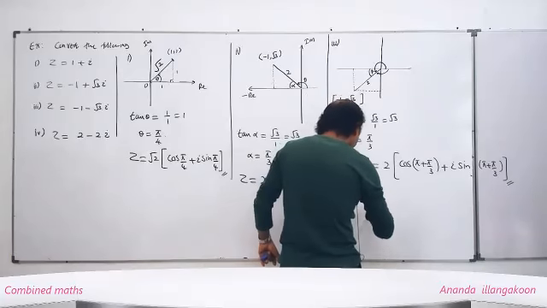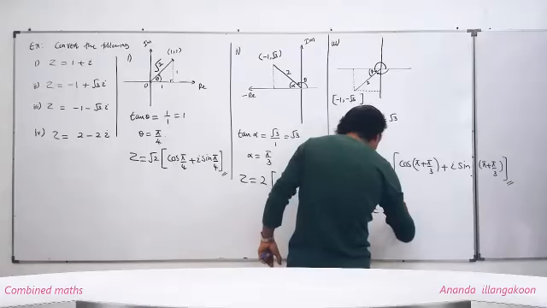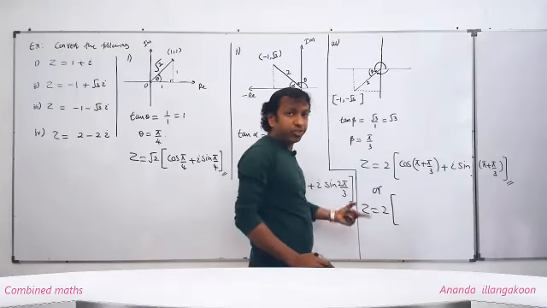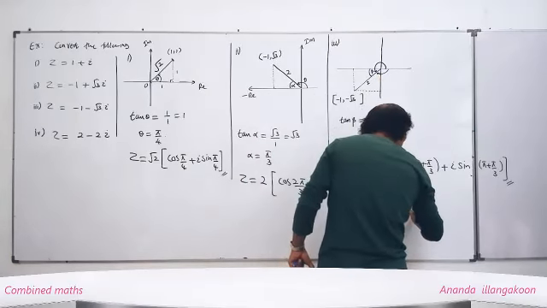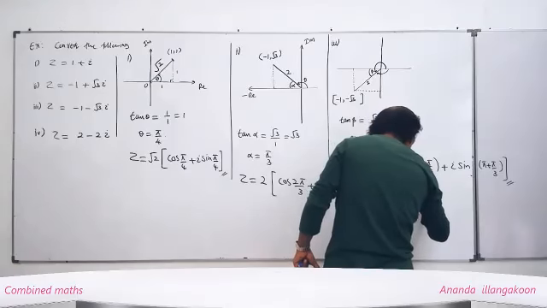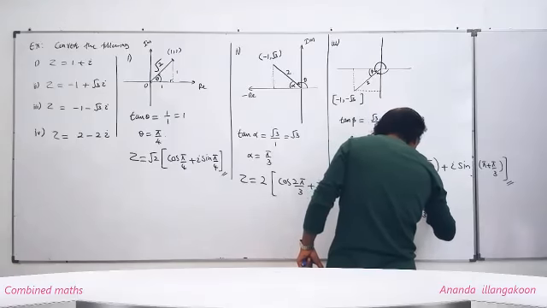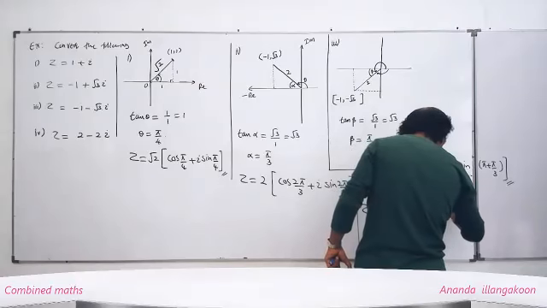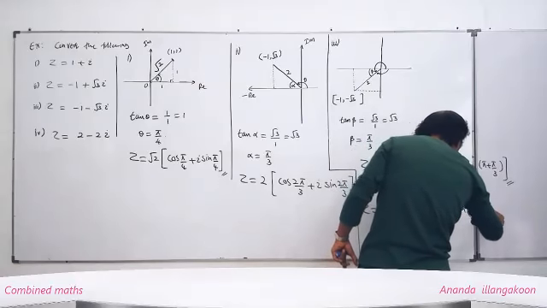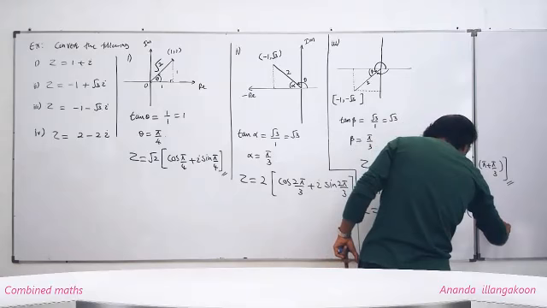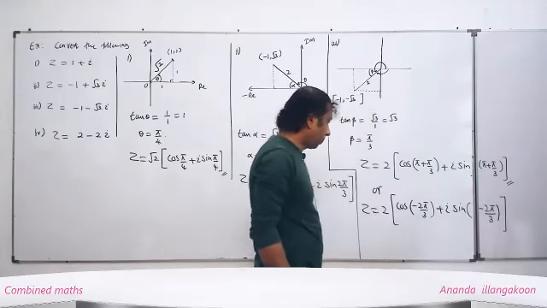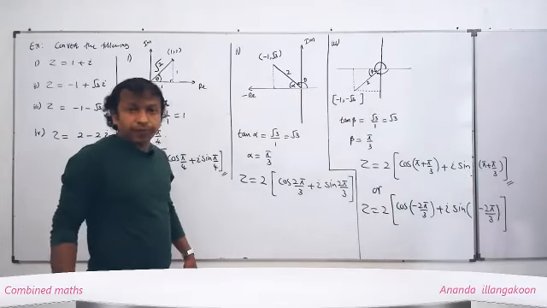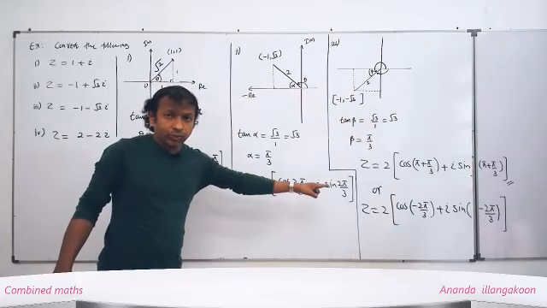So Z equals 2 times, using principal range, minus 120: cos of minus 2 pi by 3 plus i sin of minus 2 pi by 3. Okay, this contains the argument in the principal range.